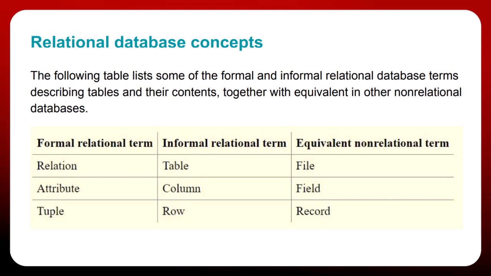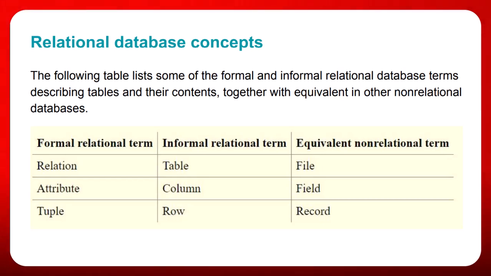Now if we go to the non-relational terms, table is going to be file, column is going to be field, and row is going to be record. Okay, so make sure to know these because they are important, because sometimes we say row, sometimes record, sometimes tuple. It's the same. Just make sure to check out the difference.